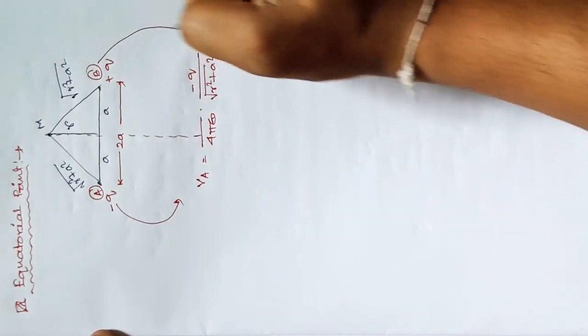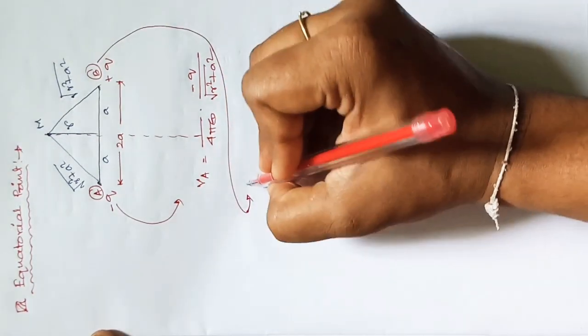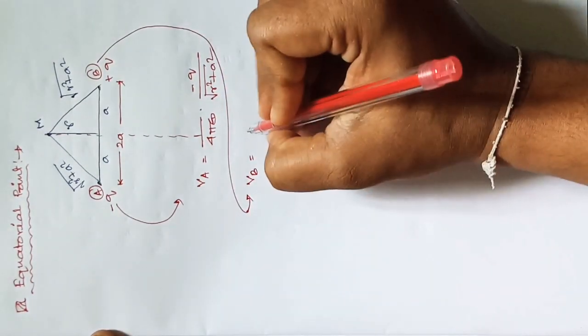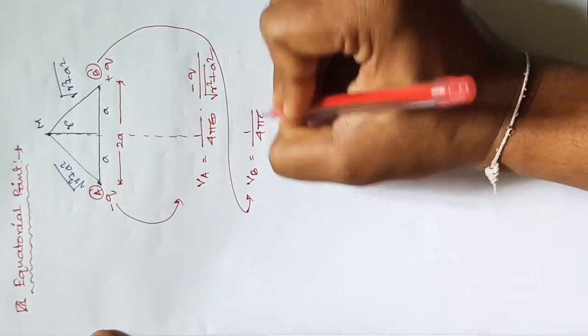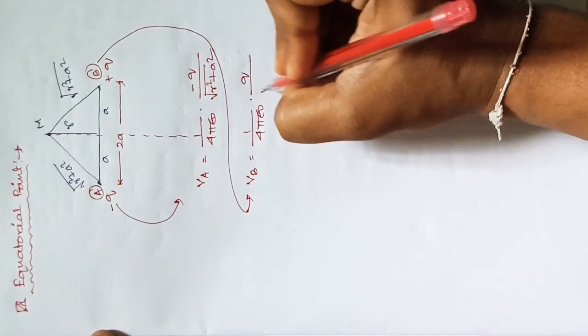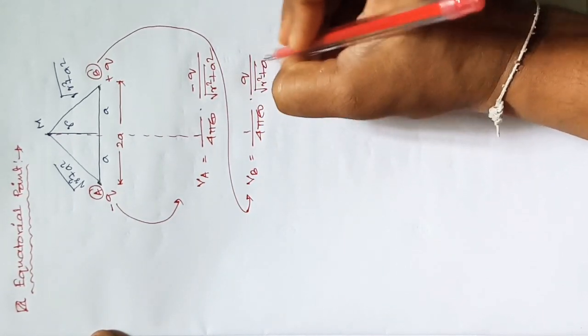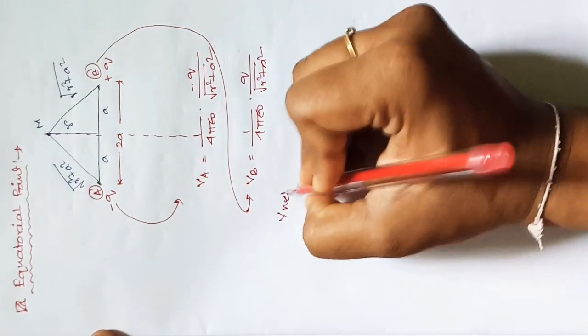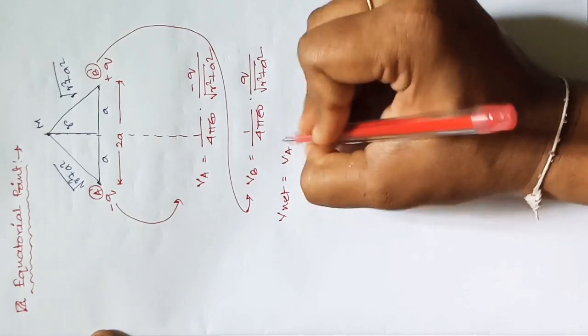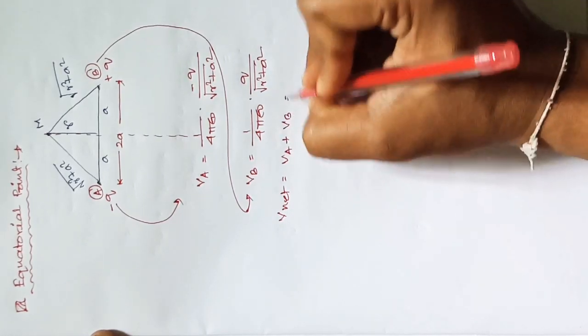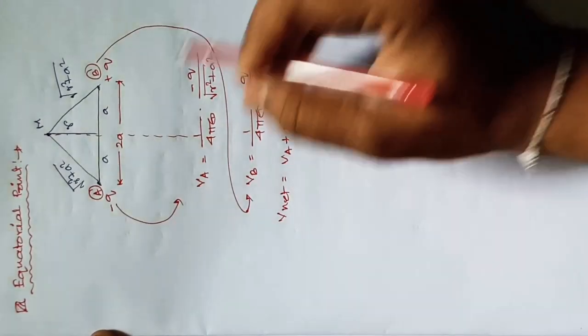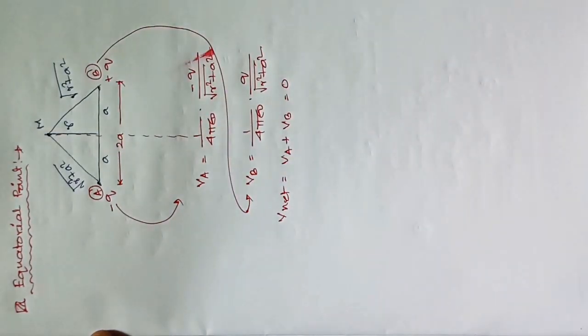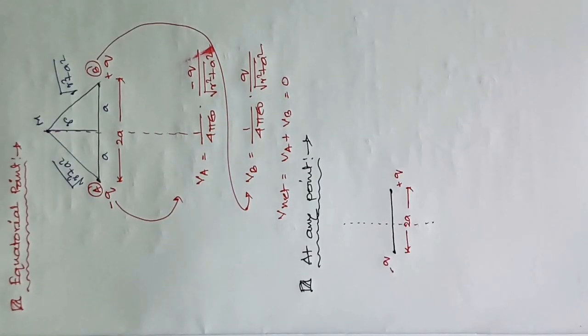Similarly, due to this plus q charge, we can write VB equals 1 by 4 pi epsilon naught q by root under r square plus a square. Clear? So the net potential, if we add VA plus VB, will be 0. That means for a dipole, the equatorial plane is a plane where the electric potential is 0.